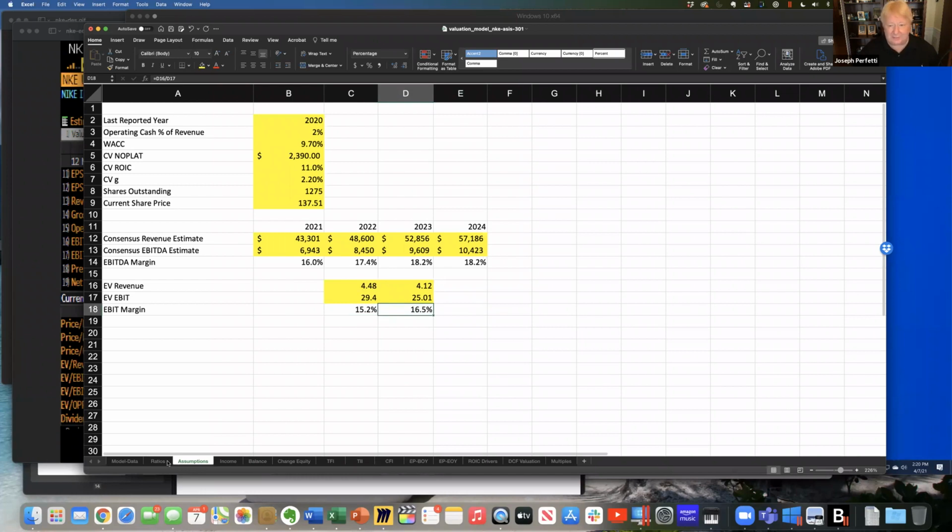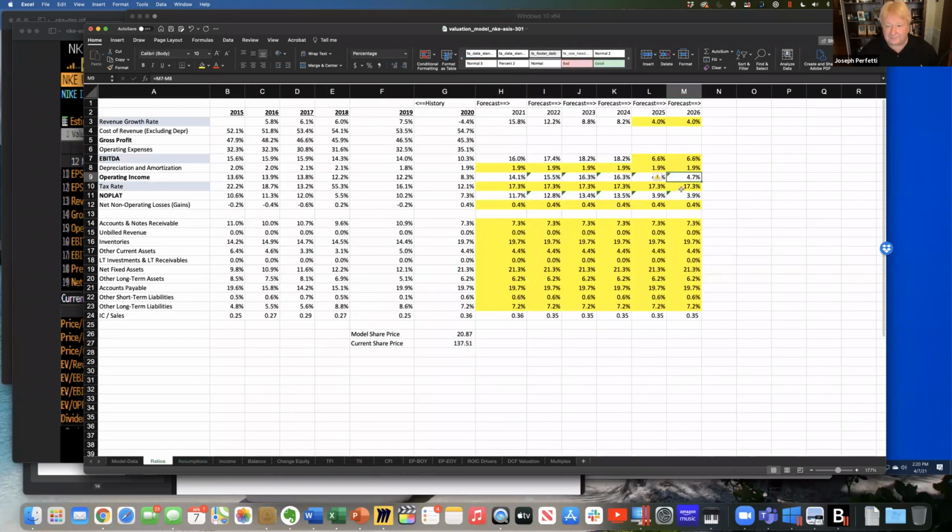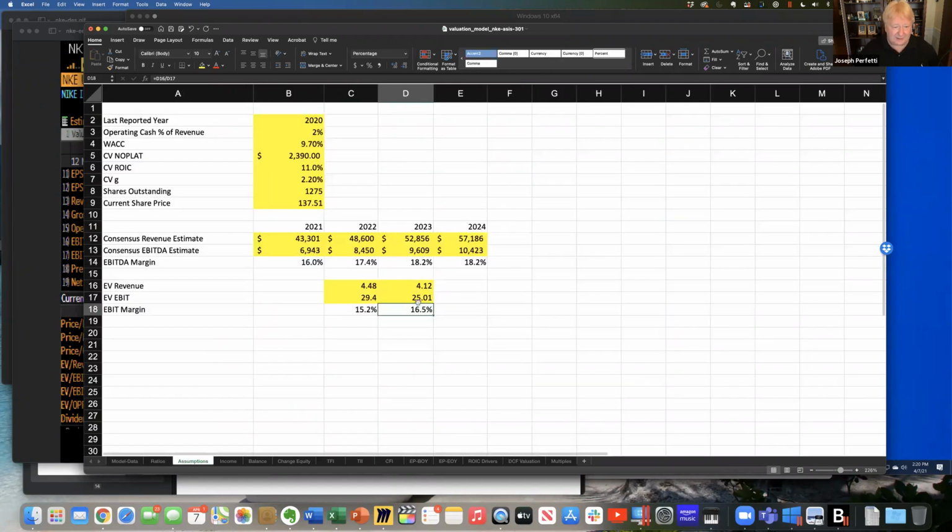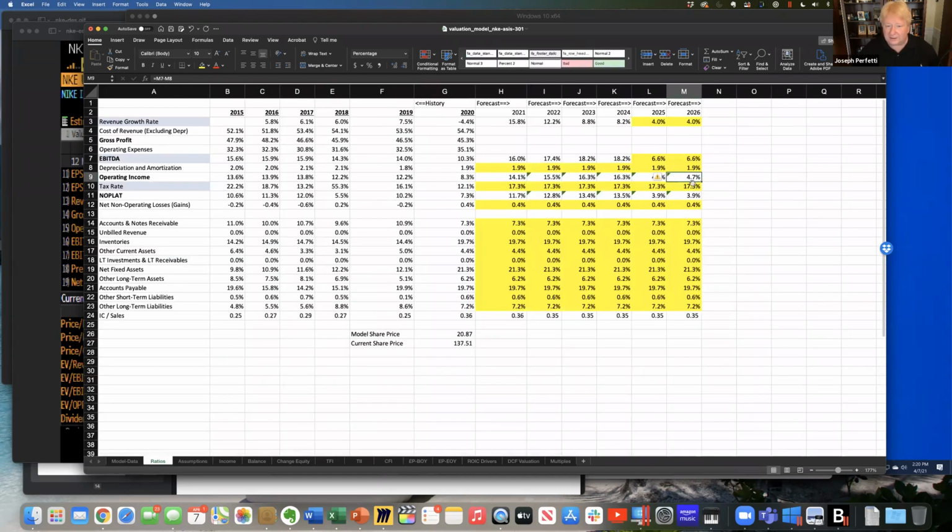Well, if I actually look at the ratios for Nike, the out year probably looks closer to, based on this data, 16.5 looks closer to what I'm seeing here for my EBIT margins than the 15s. So I'm going to use the 16.5. Okay.